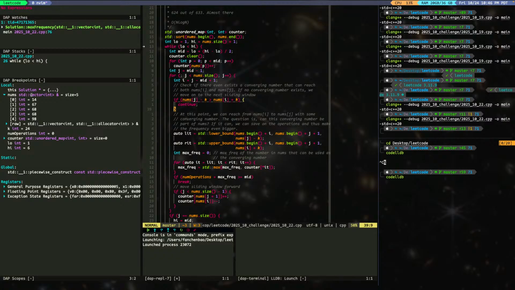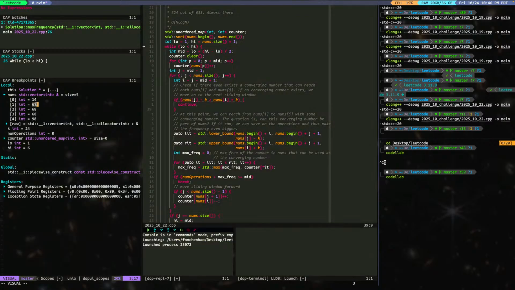So lower bound will point into this one, right? And then upper bound is pointing outside, right? So from the lower bound to the upper bound, we have actually 2 numbers.